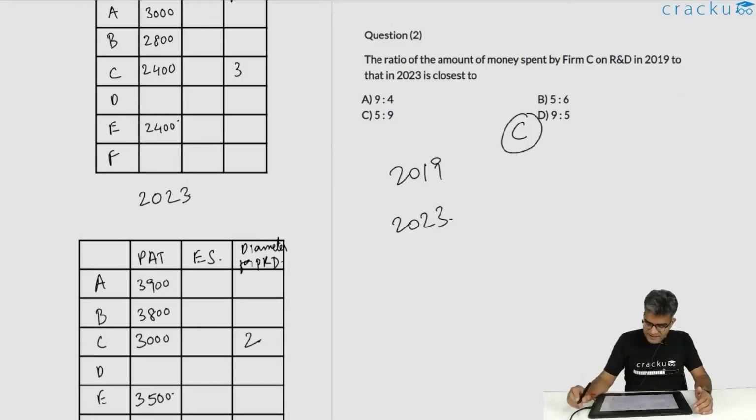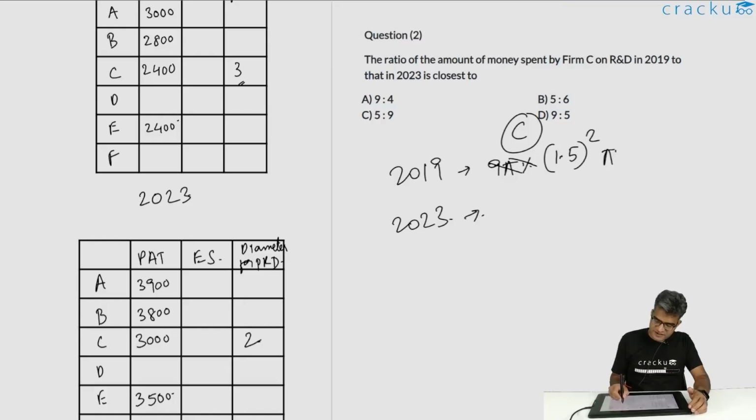So now if I'm calculating the ratio, the percentage is proportional to the area. The percentage in 2019, you can say, is 3 by 2. So it is 1.5 as the radius, because we assume that the diameter is 3, and the radius will be half of the diameter. So this will be 1.5 whole square into pi, approximately, percentage.